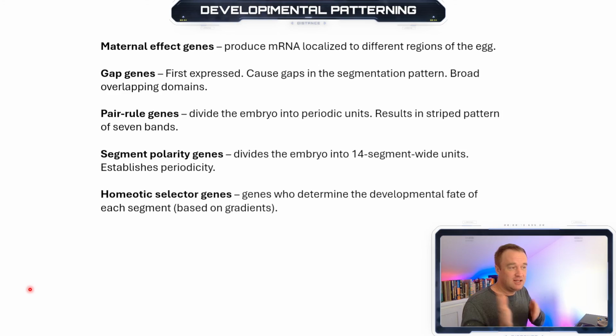Segment polarity cuts everything at the front or back of each unit or each section of those developing sections of the fly. And these homeotic selector genes are genes that determine the developmental fate of each segment. So that's just a general term for this.